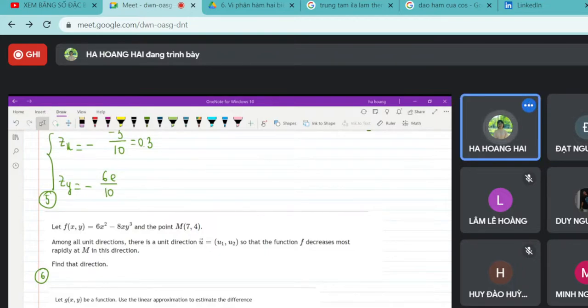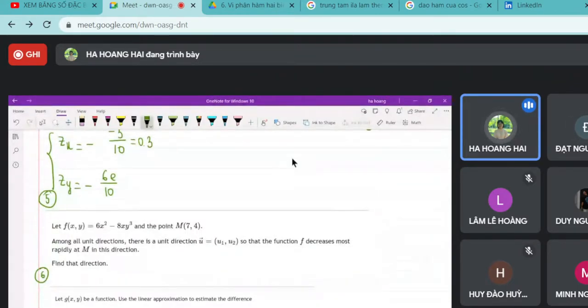Okay, so as I explained in theory, we know that a function changes fastest in the direction of the gradient vector. Now the question is that f should decrease more rapidly. We know the direction of increasing fastest. This is the topic of directional derivative, so we have to take a look at it.